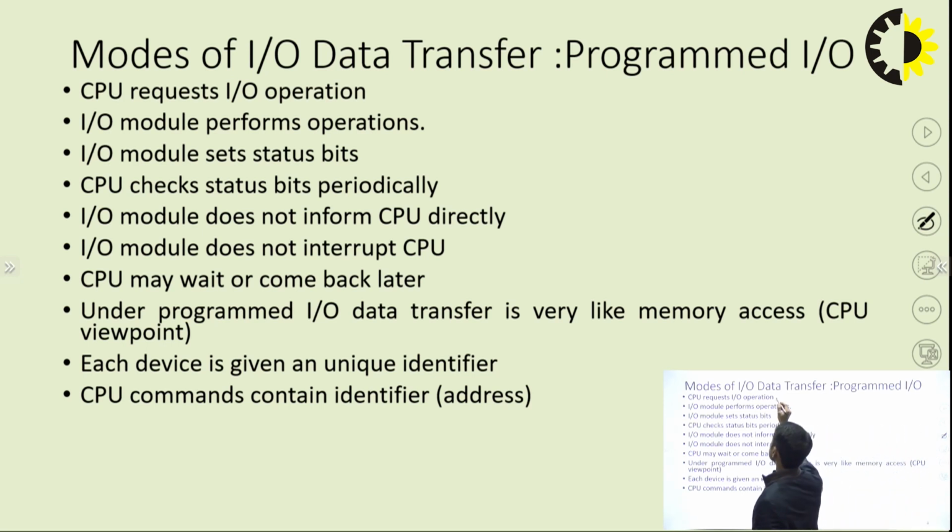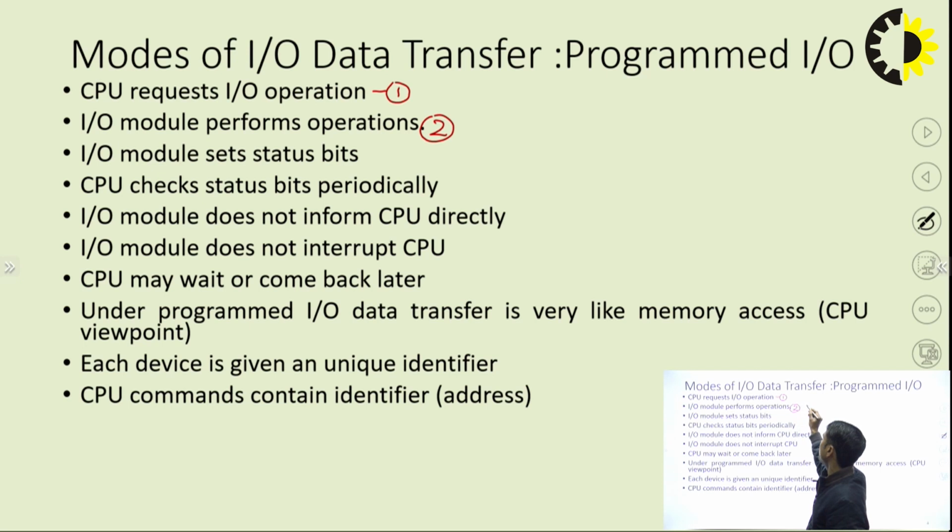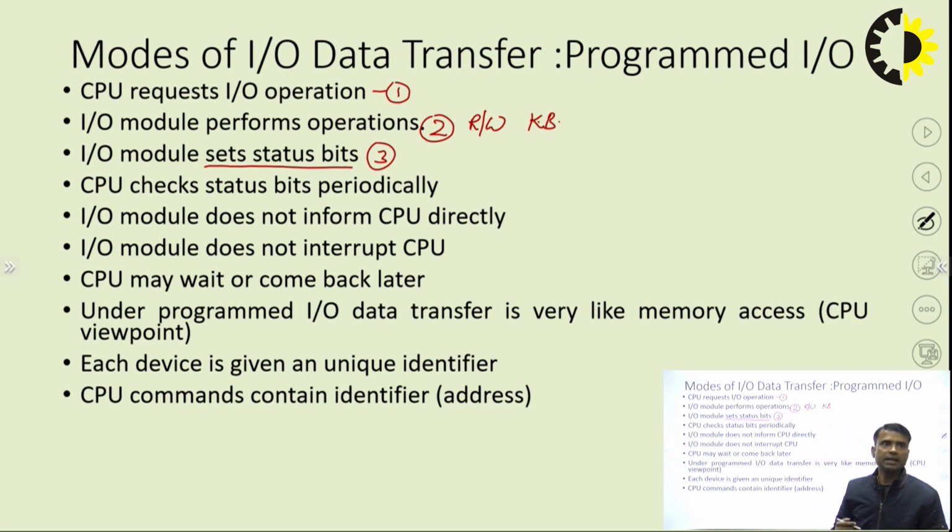First, the CPU requests an I/O operation. Now, after the request has been received by the I/O interface, the I/O module performs operations to read or write the data with the peripheral devices like the keyboard. Now, in the third step the I/O module sets the status bit, that is the I/O interface is ready to send the data to the CPU.